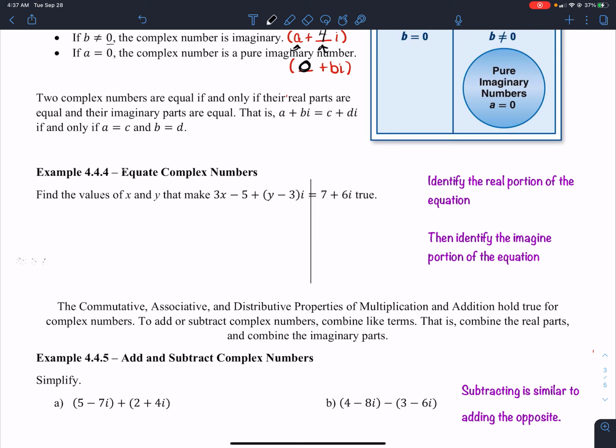All right, so looking at the left side, remember I said a, this is a, and the b value is always in front of the i. So here's our b, and here's our i. Okay. On the right side of the equation, b is always in front of the i, and the value in front of that would be a.